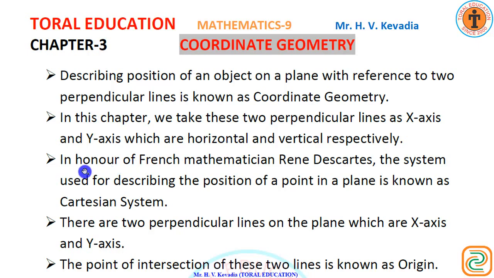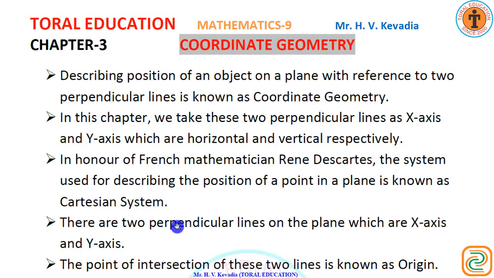In honor of the French mathematician René Descartes, the system used for describing the position of a point in a plane is known as the Cartesian system. That is why it is called the Cartesian system.